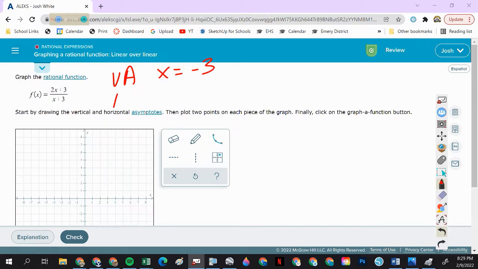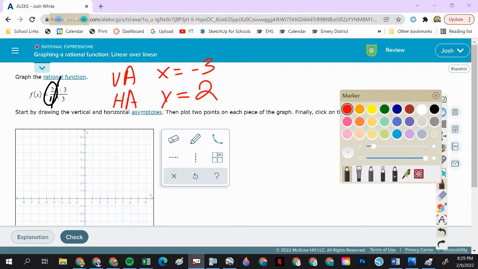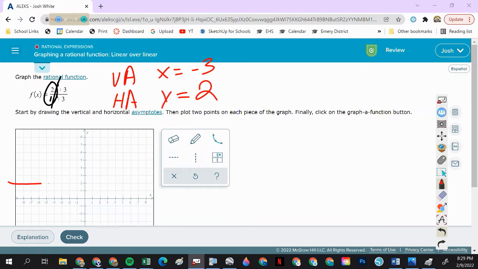For my horizontal asymptote, I check the strength of the numerator and the denominator. They have the same strength. I cross off the x's, and I'm left with 2 over 1. So my horizontal asymptote is y equals 2. I draw those. So I drop my horizontal asymptote on 2. I drop my vertical asymptote on -3.